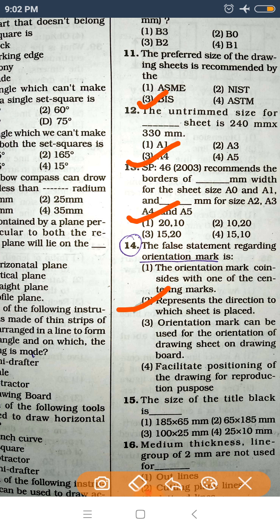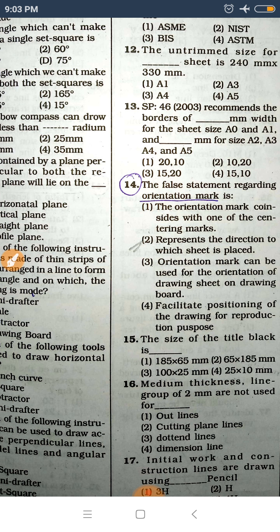The size of the title bar, misprinting here, 15. Answer will be 185 cross 65 mm. Medium thickness line group of 2 mm are not used for dimension line because dimension lines are thin.